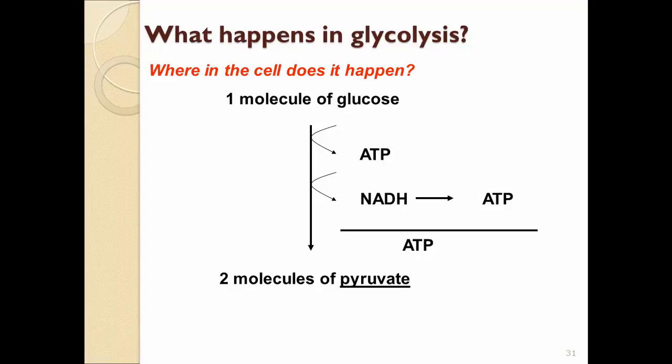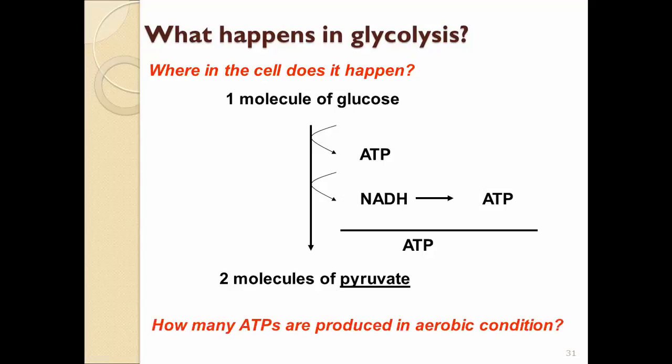Let's say this is under aerobic conditions, so the final product of glycolysis is pyruvate, and one molecule of glucose is metabolized to generate 2 molecules of pyruvate.